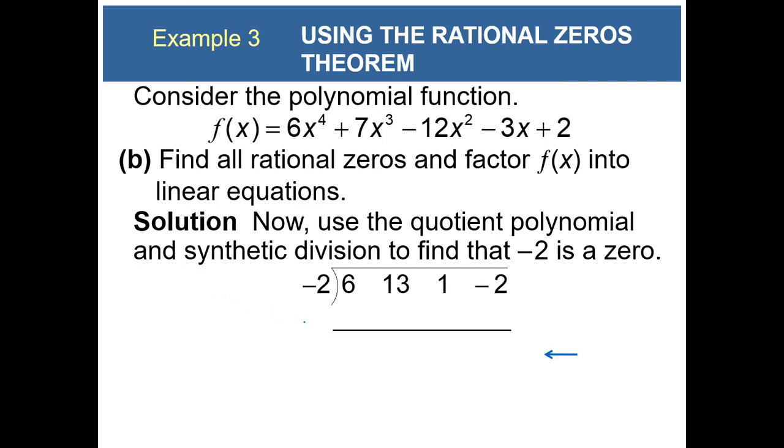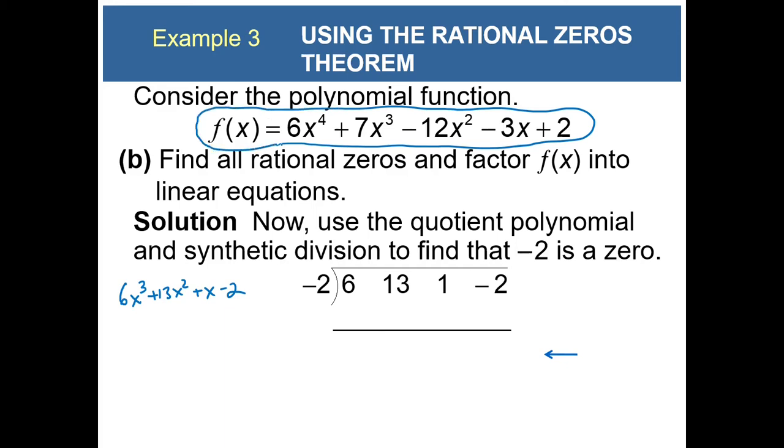Now we'll use synthetic division on our quotient, 6x cubed plus 13x squared plus x minus 2. I do not want to use it on the original factor because we already factored it part way by taking out the x minus 1, and we'll use it on the remaining quotient because it's simpler.